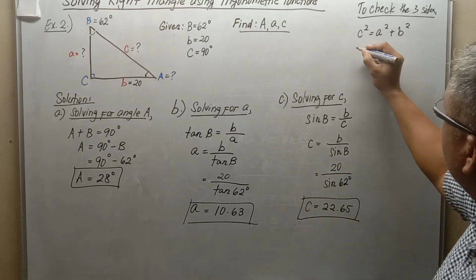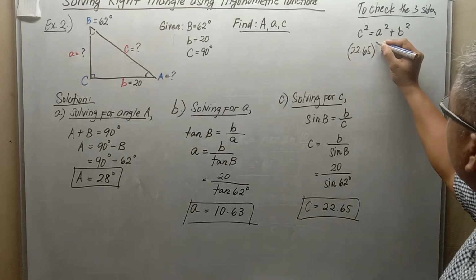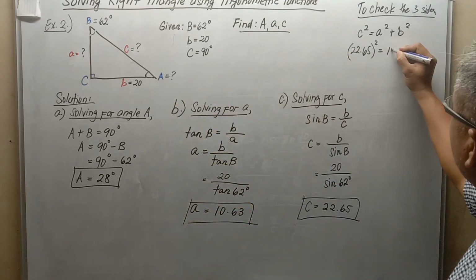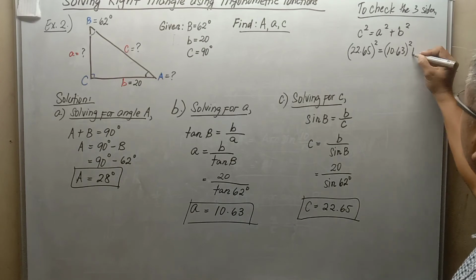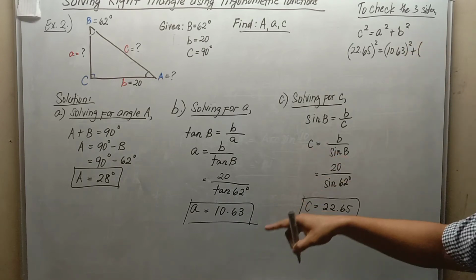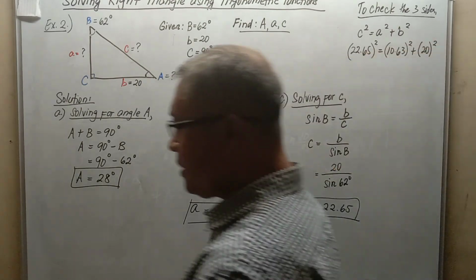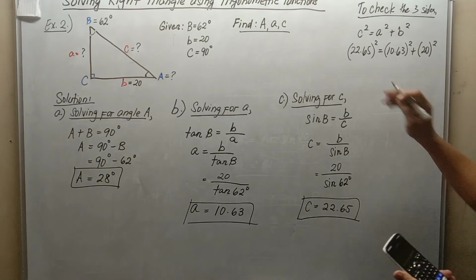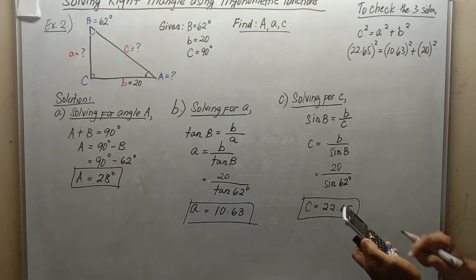C will be 22.65. Substitute. How much is the value of A? A here is 10.63 squared plus B. We have B here is 20. So we need to calculate whether these values are equal. 22.65 squared.